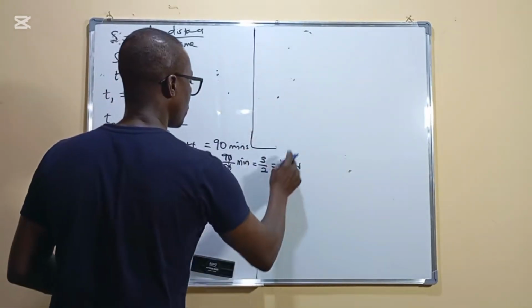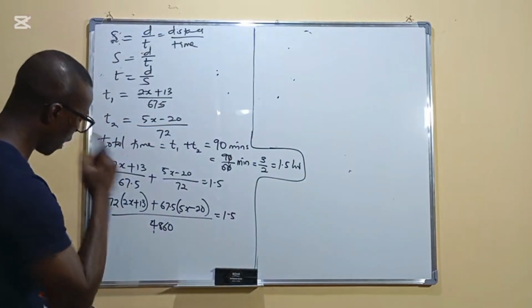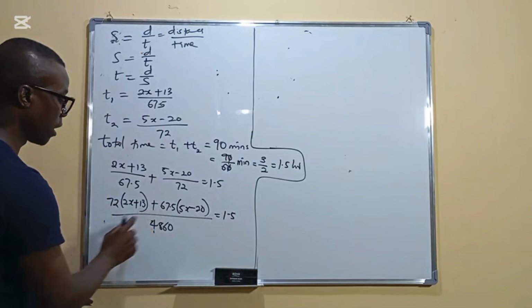So again, to move further with this, I'm going to multiply this. This goes here and then open this bracket.